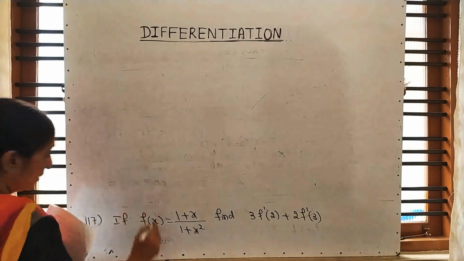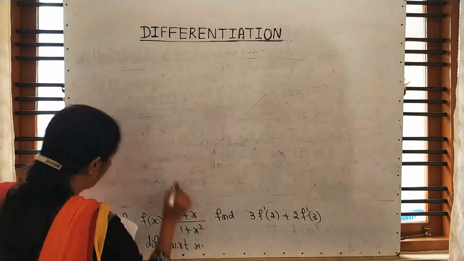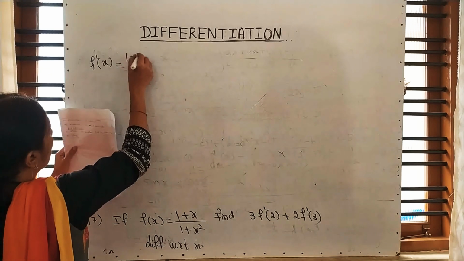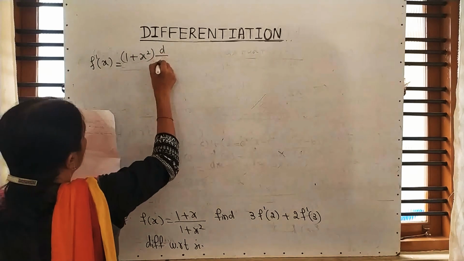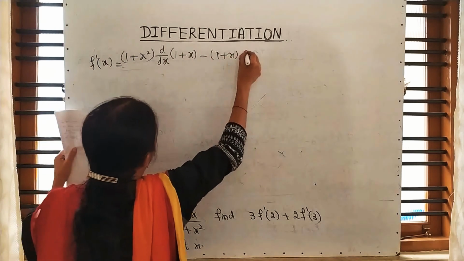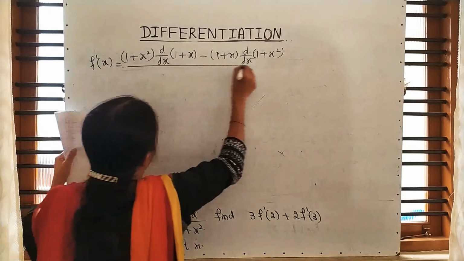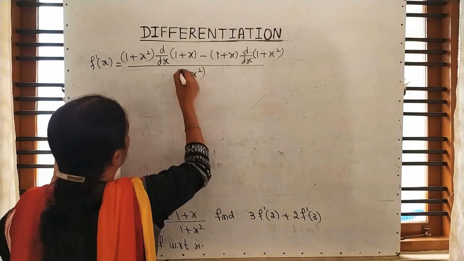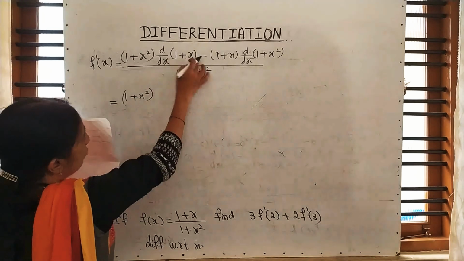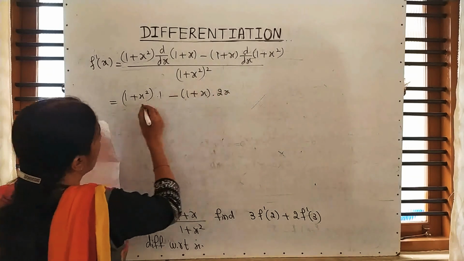See, here I wrote differentiating with respect to x. F dash of x is equal to differentiation of 1 plus x is 1 minus 1 plus x, differentiation of x square is 2x.